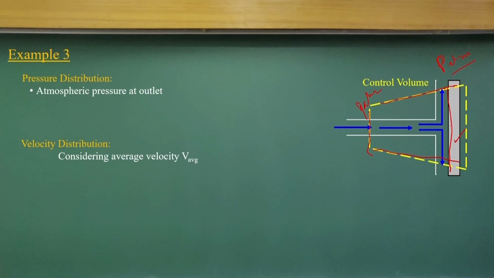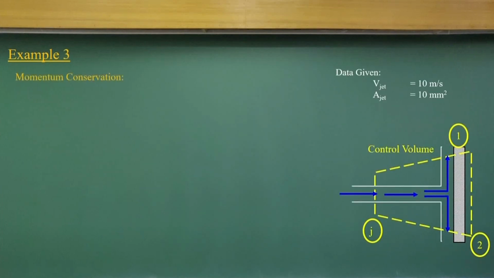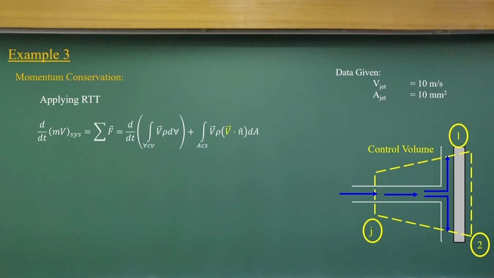Only the force that impacts the plate is what you need to compute. Here also we have considered a velocity distribution of the water jet, but we consider the velocity distribution to be uniform, that means beta is equal to 1. Assuming that, we apply the momentum conservation equation, which is a very simple thing.